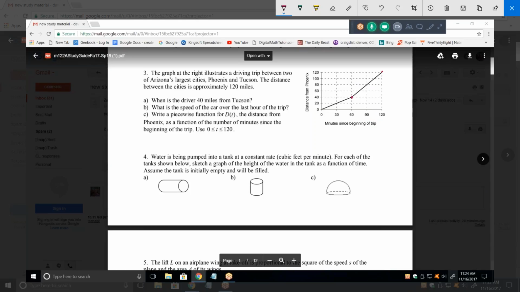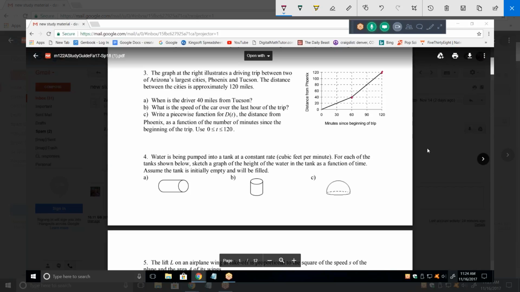There to there. It'd be 80 divided by 1, so 80 miles an hour.